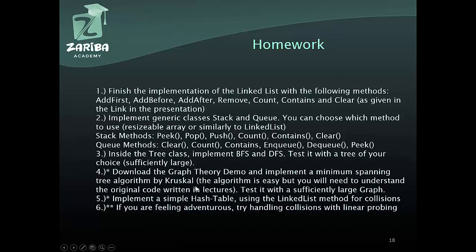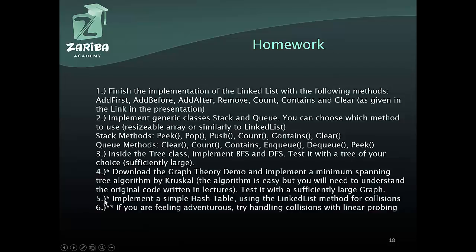This algorithm is very easy. The only thing that makes this problem a little bit harder is the fact that you have to go back, look at the whole structure, and implement a new algorithm over it. But other than that, it's fairly easy and simple. You can have a look at it online. I'm sure that you can find it there as well.